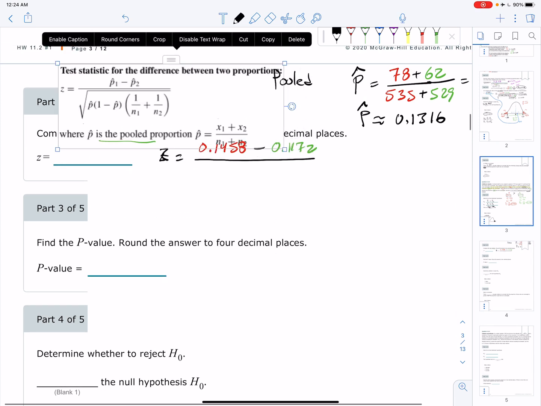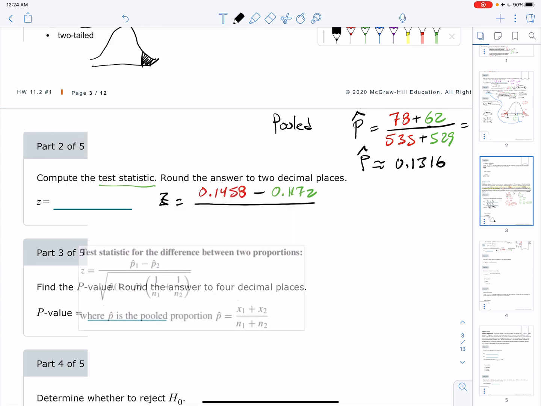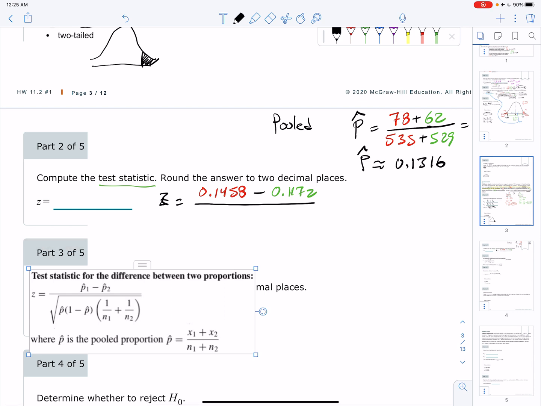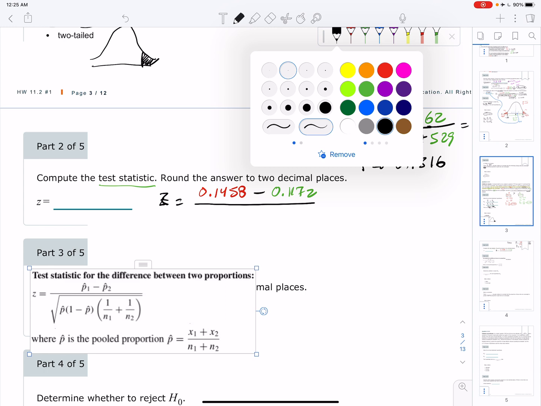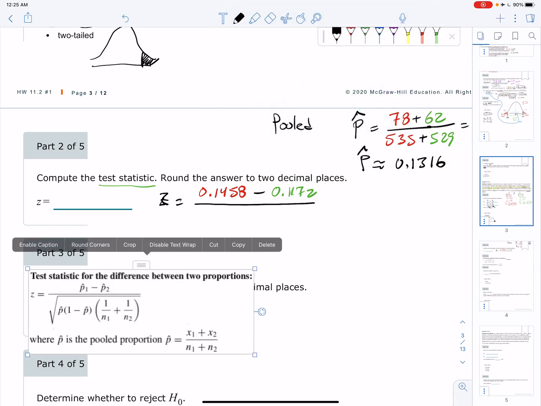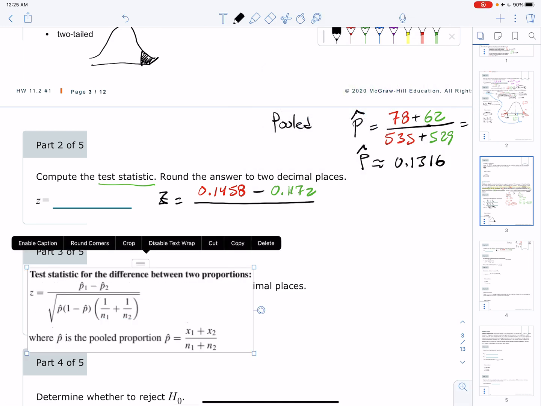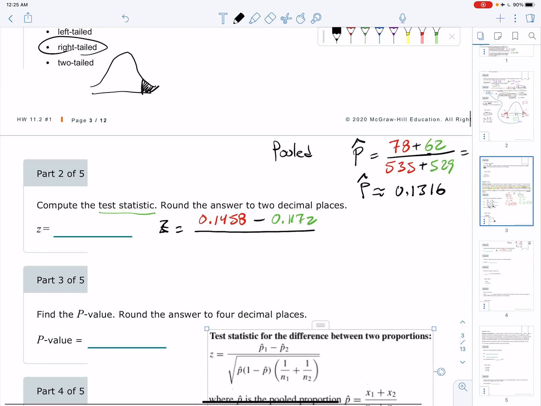Oh, that doesn't work. It doesn't want to go there. Okay. Boy. Oh, my goodness, it's not working. Okay, so I can't write on that for some reason now.